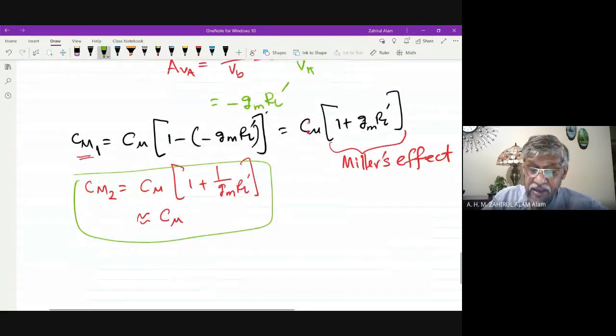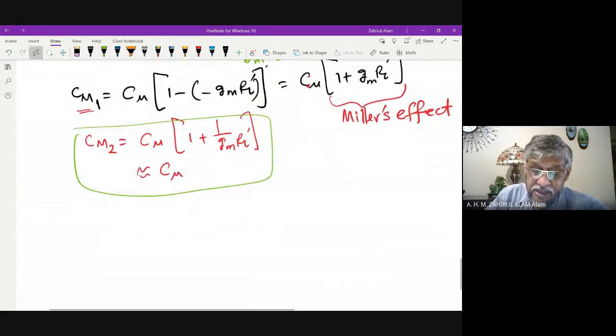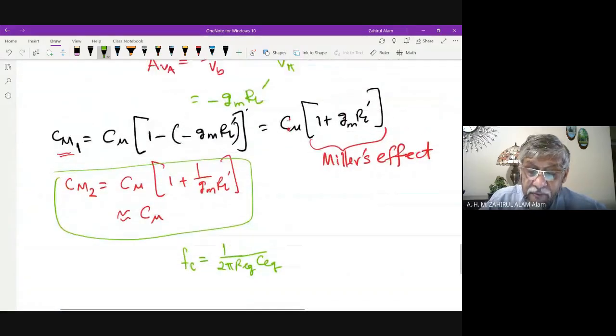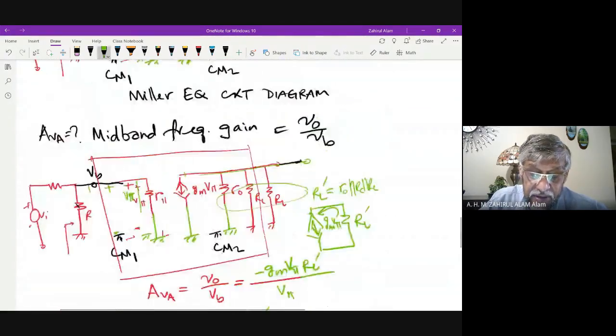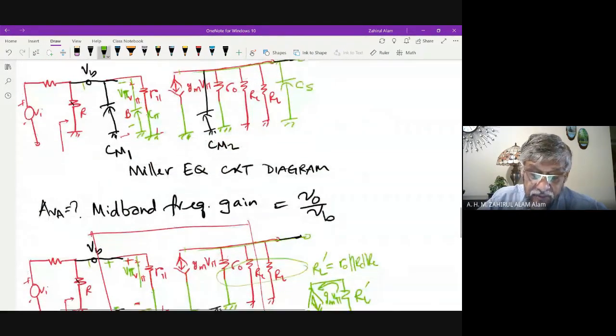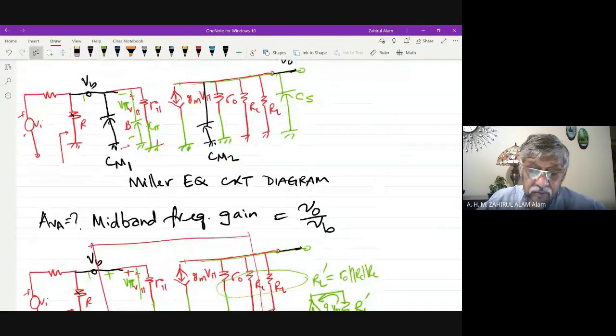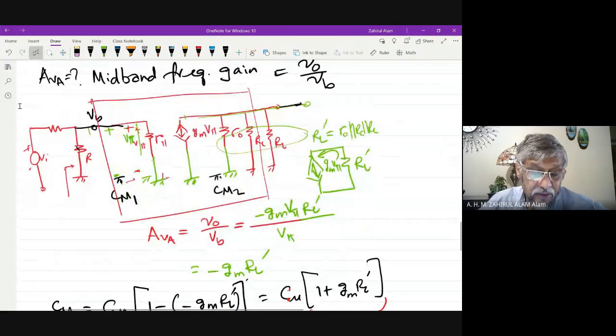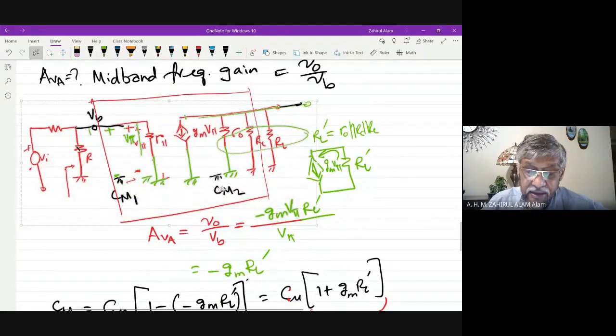Now, as I mentioned, the corner frequency is related to 2 pi R equivalent and also C equivalent. Now I draw this circuit again.